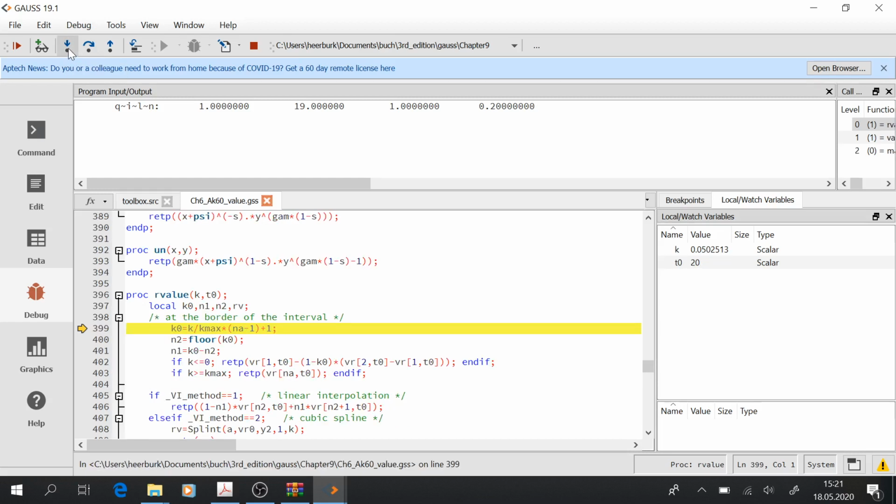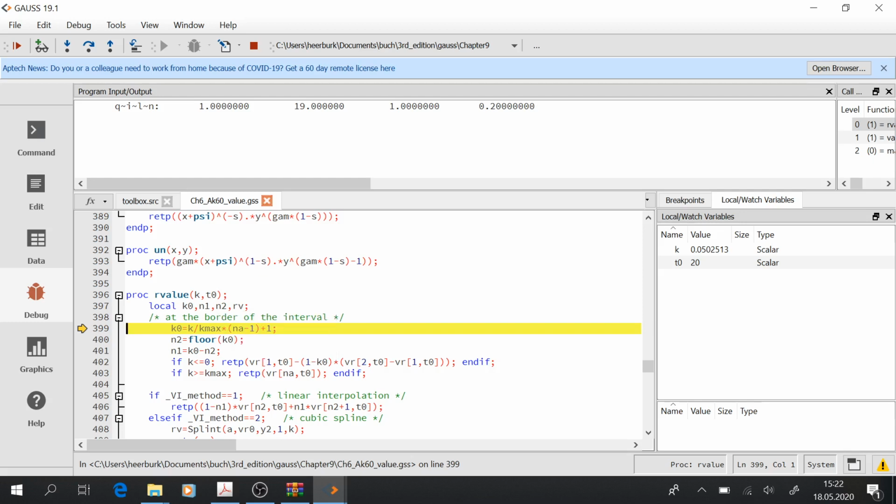And in the procedure R value, the retired agent's value function, we compute the interpolated value of the value function for capital stock K, or individual asset A, in the period T0. So T0, that's next period value function here, that's when we are retirement age 20.